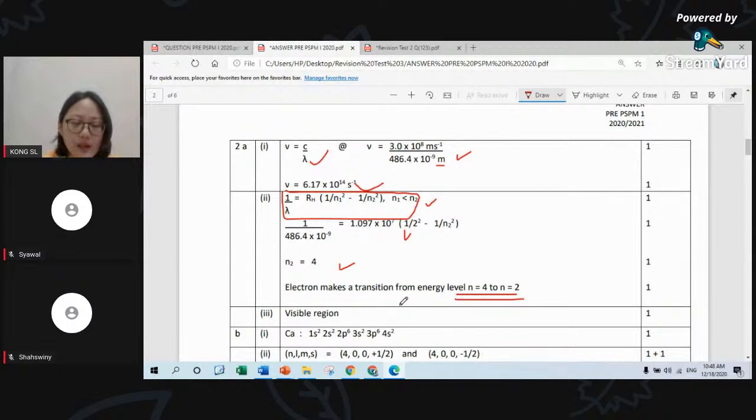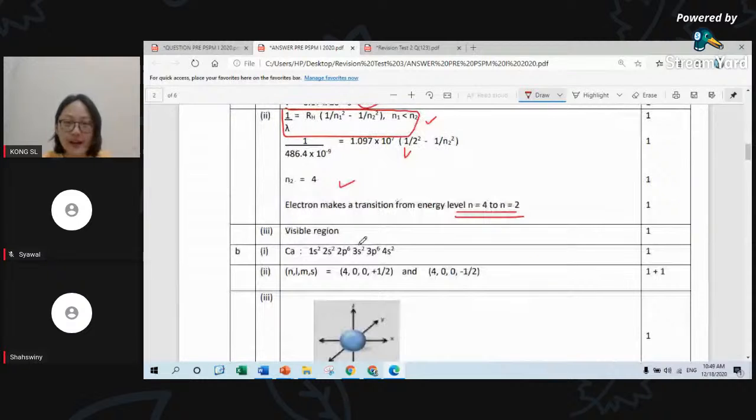Okay, total there are how many region that you have learned? Shah, there are how many region you have learned for this topic? The answer is 3.